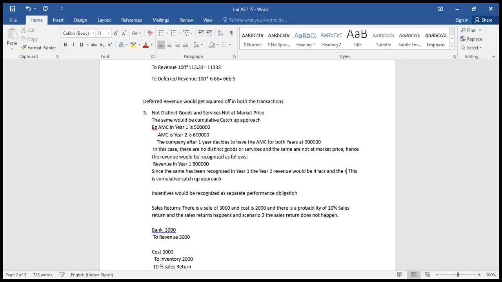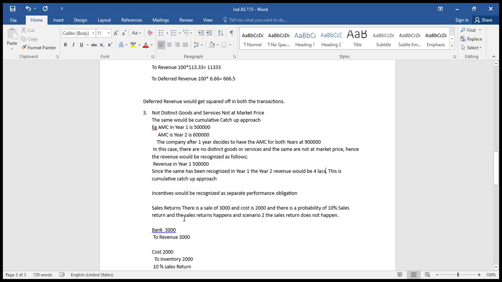Additional 4 lakhs will be taken as revenue in year 2, and in year 2 the total revenue would be 9 plus 4 lakhs, that is 13 lakhs. Incentives would be recognized as separate performance obligation.